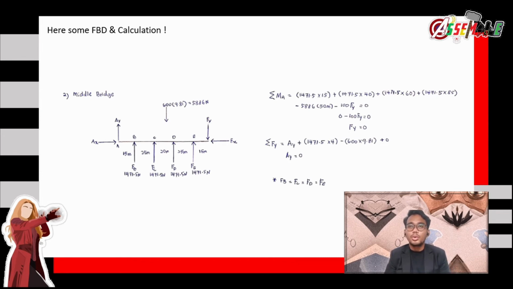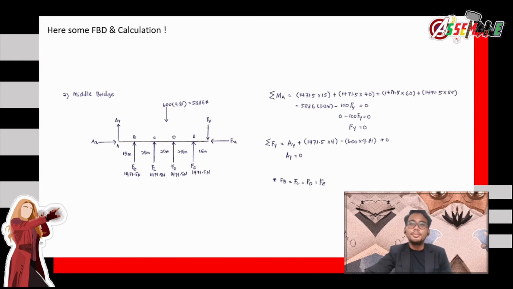The last one, we subtract with Newton, and for 50 meter, we subtract with 100, which is the length, and then Fy. After that we get 0 minus 100 Fy force, and then the last one we get 0.